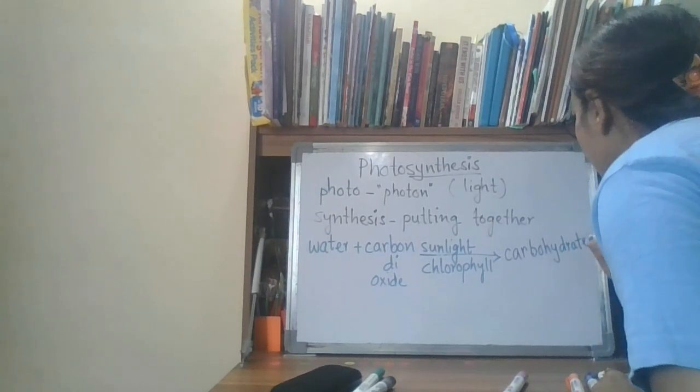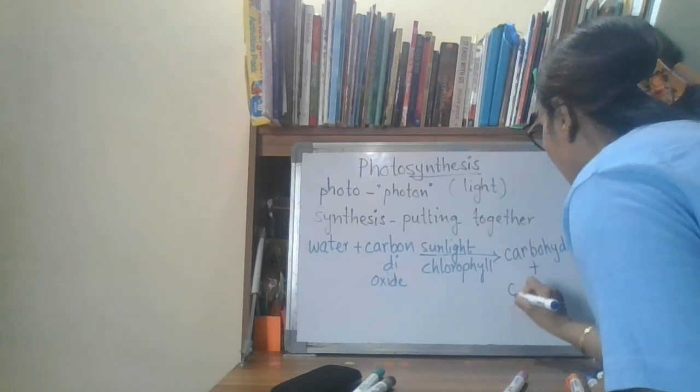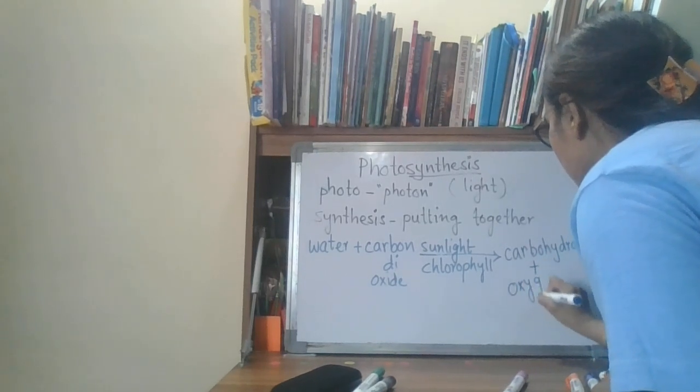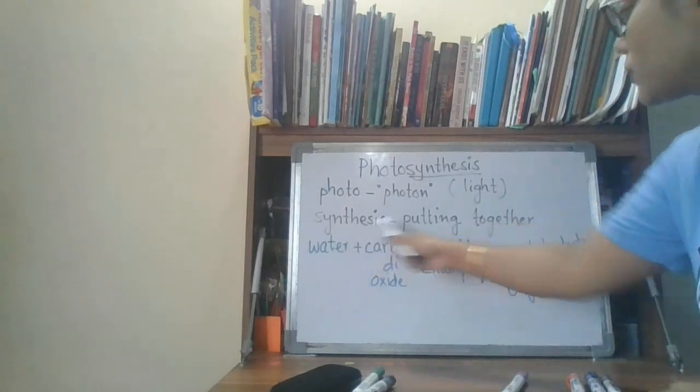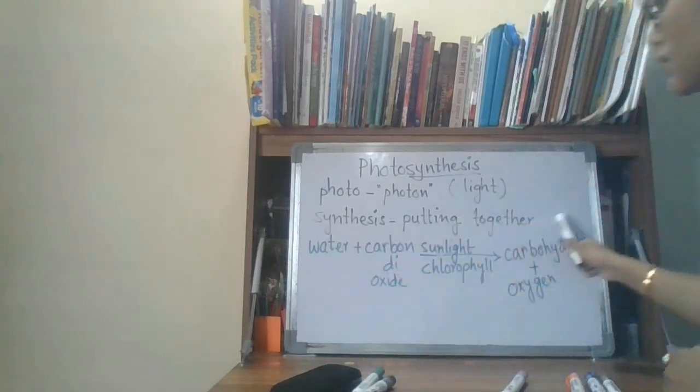Carbohydrate is the food produced by plants, and oxygen. So this is the equation for photosynthesis.